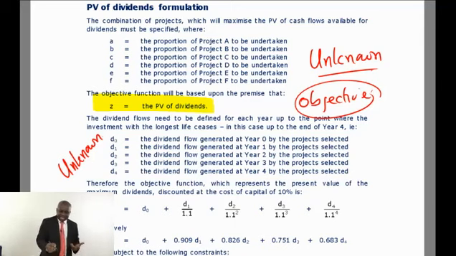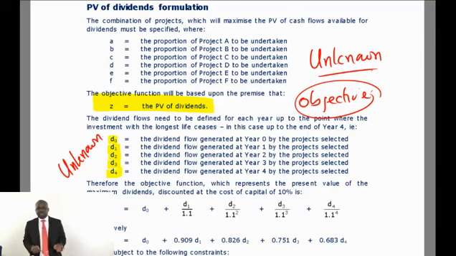So we are indicating that let D0, D1, D2, D3, D4, because the project is for 4 years, D0 up to D4 represent the cash flows that will be available to pay dividend from year 0 up to year 4.